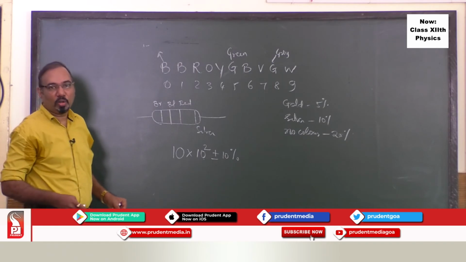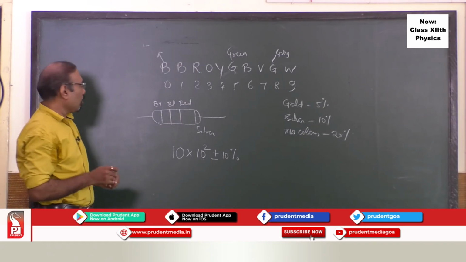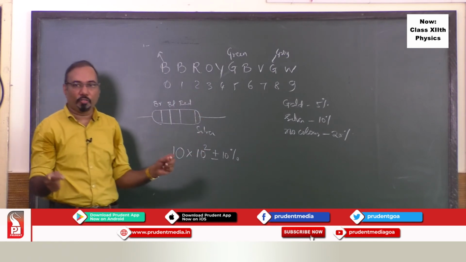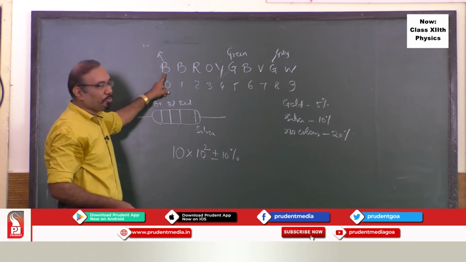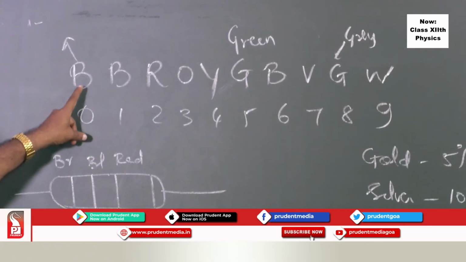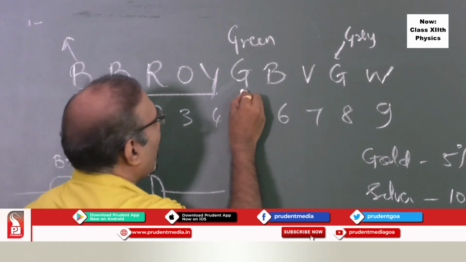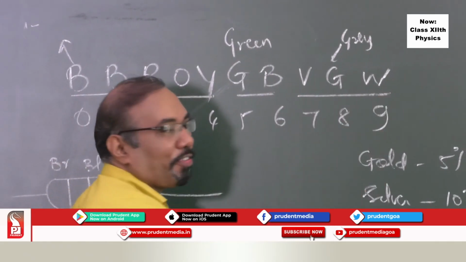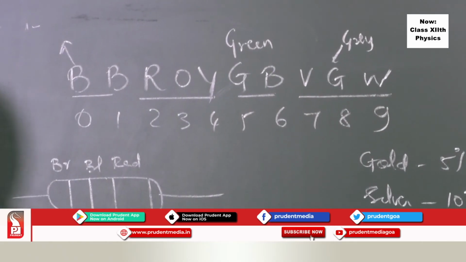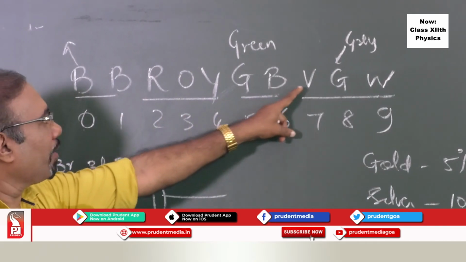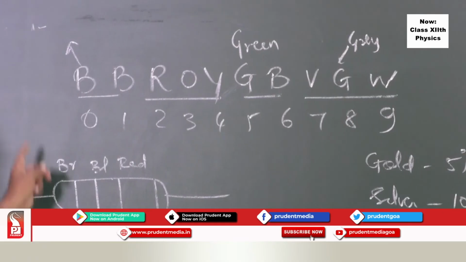How to remember this code? There are methods. You can remember the code by making a phrase out of it. The popular phrase we see in the book is: B.B. Roy of Great Britain having very good wife. This is the phrase we use to remember the code.